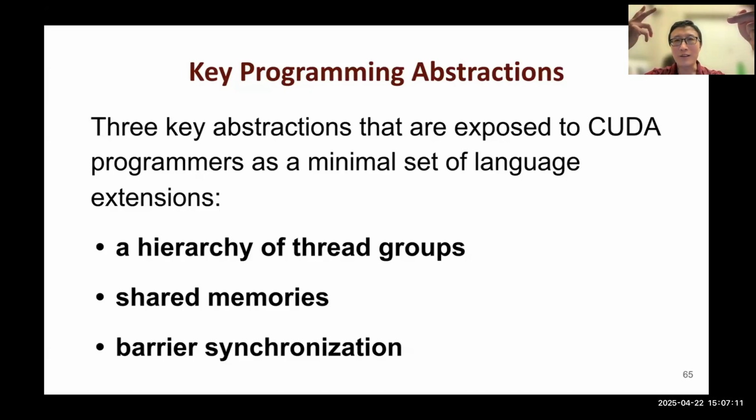The second abstraction is shared memory. For those who are C programmers, you know C is very powerful, right? C can give you access to all the memory through pointers. You can go anywhere in the system as long as you have an address, and modify and do something there, right? It's kind of a hacker's favorite programming language. But in traditional CPU programming, you don't have any control over the cache of your CPU. The compiler handles that for you automatically.